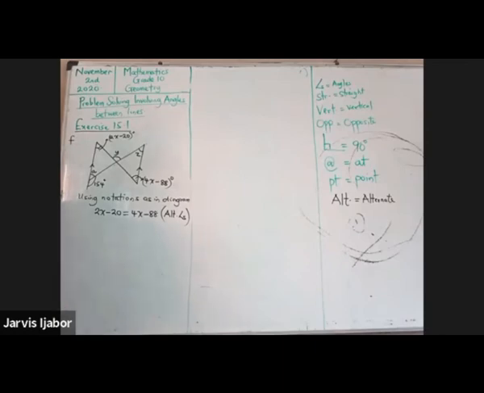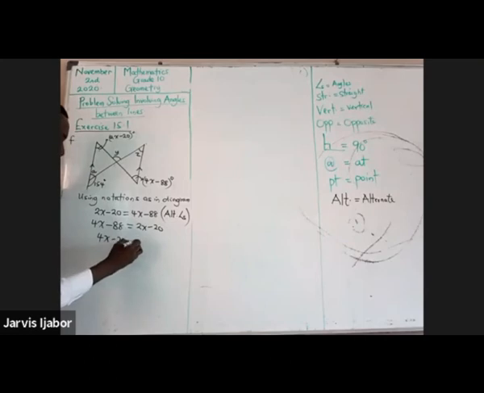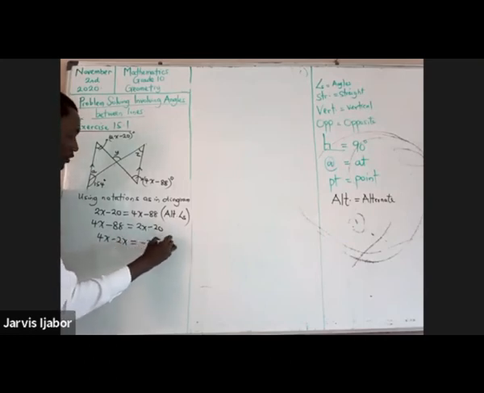Remember, for the concept of algebra, we always will want to write the unknown x with the greater coefficient on the left hand side. So 4x minus 2x equals minus 20 plus 88.